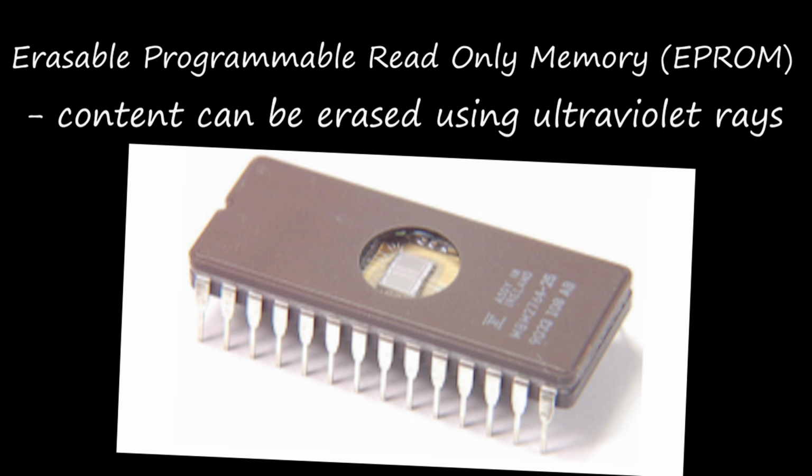This EPROM and ultraviolet rays are given in your book on page number 36. Make sure you underline both the words. When this EPROM is exposed to ultraviolet light, the content in this EPROM will be erased or cleared and we can reprogram it.